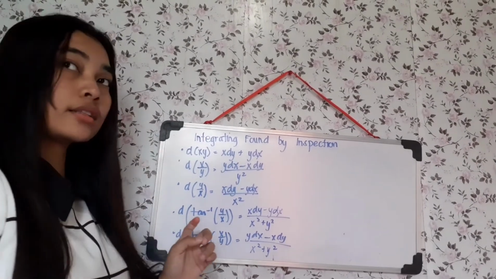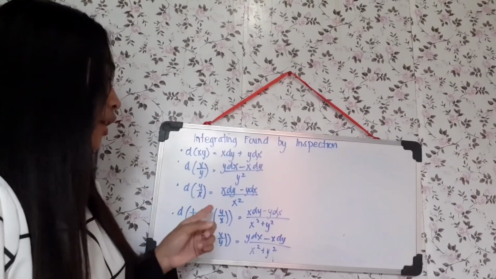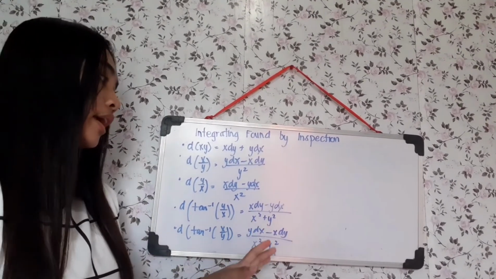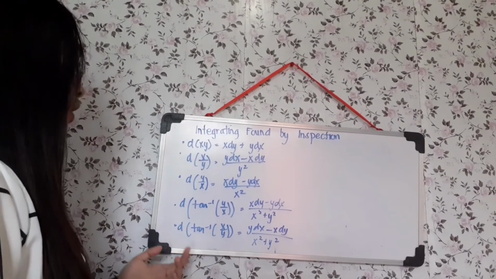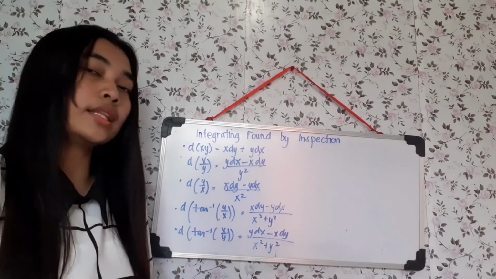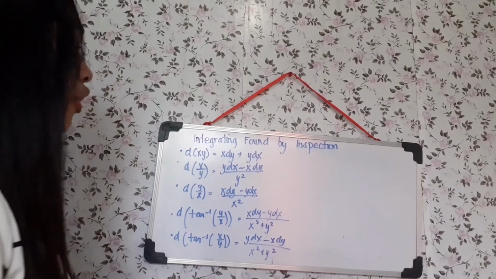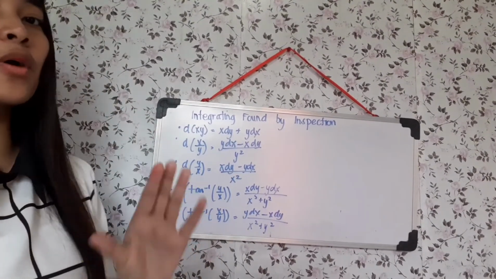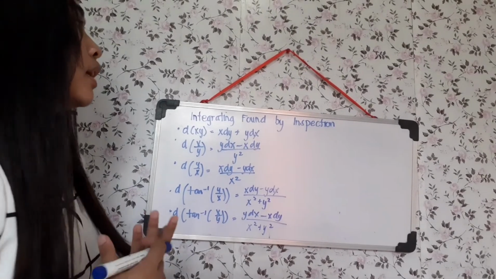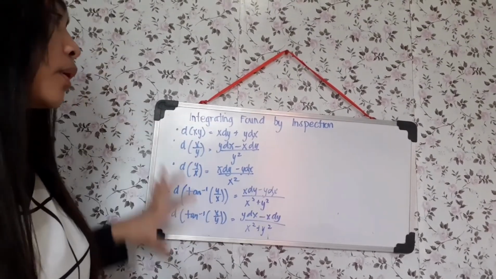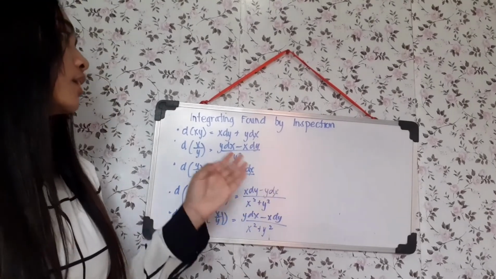And the derivative of arctangent y over x is equal to x dy minus y dx over x squared plus y squared. And the derivative of arctangent x over y is equal to y dx minus x dy over x squared plus y squared. So those are the 5 formulas to remember for the integrating factor by inspection.